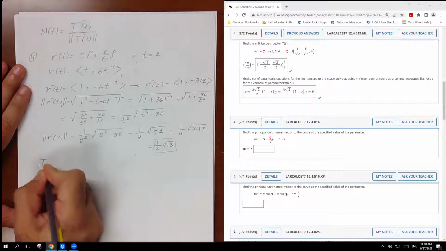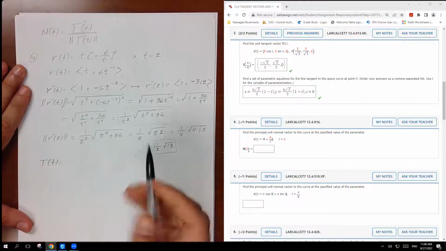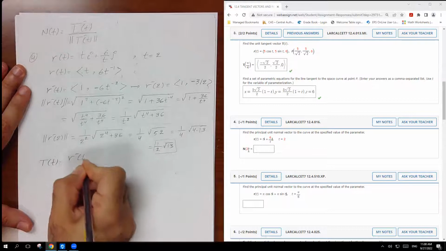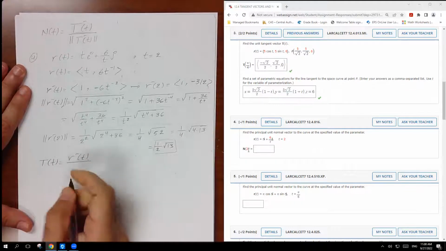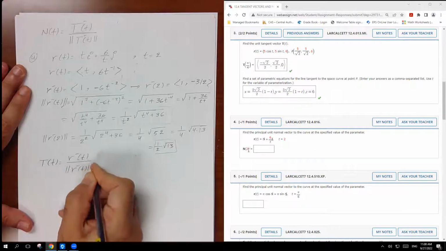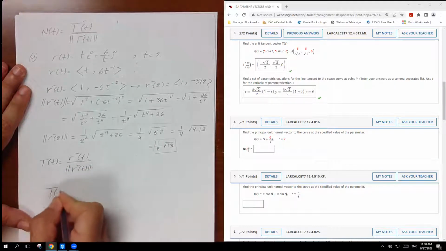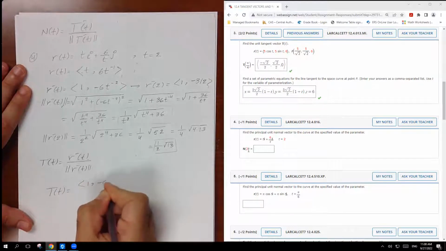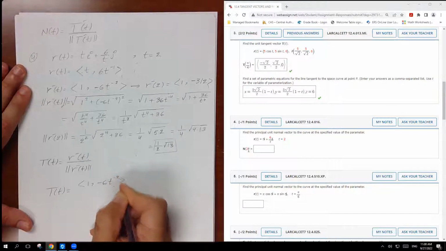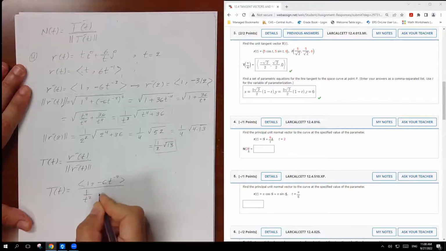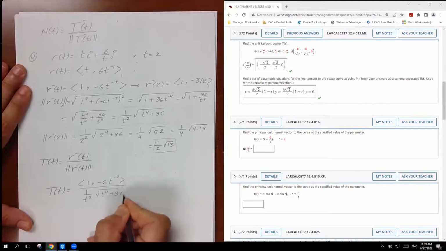So the tangent with respect to t is going to be this vector, r prime with respect to t, divided by the length of r prime with respect to t. That means the tangent with respect to t is going to be (1, -6t^-2) divided by the length, which is 1 over t squared times the square root of t to the power 4 plus 36.